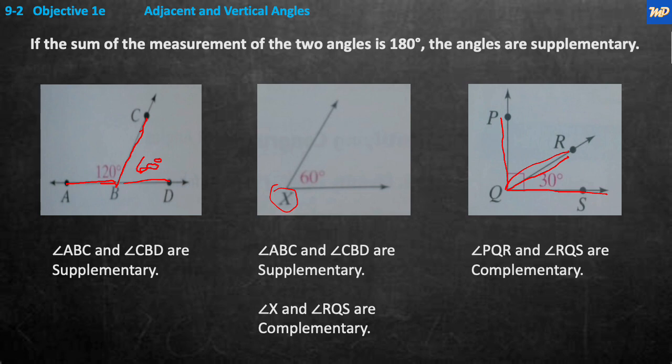Well, if that's equal to 30 degrees, then what's remaining here is 60 degrees, because if the sum of two angles, or the measure of two angles, is 90 degrees, they're complementary. Well, this statement down here that we looked at earlier says angle X. So now this angle is separate from this other diagram. Angle X over here in this picture and RQS in this picture, they're relating them, and they're saying that those two angles are complementary.